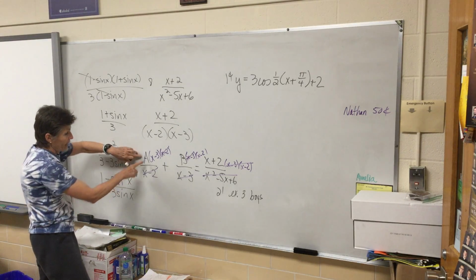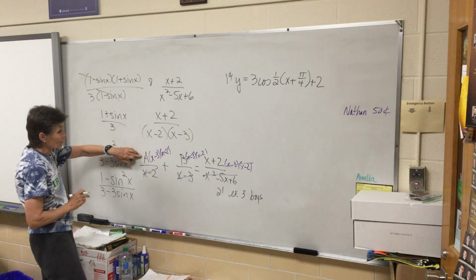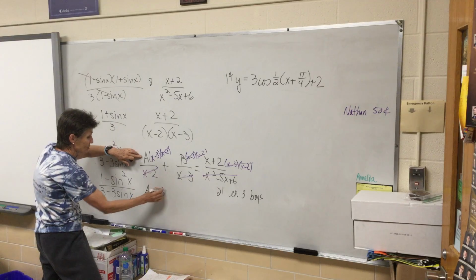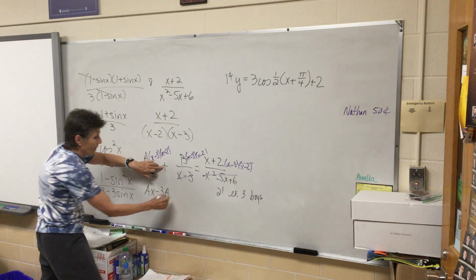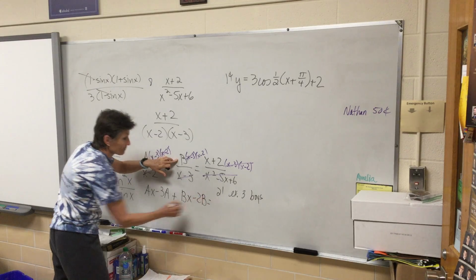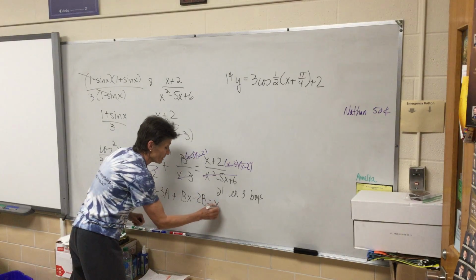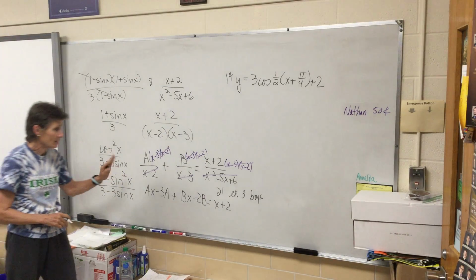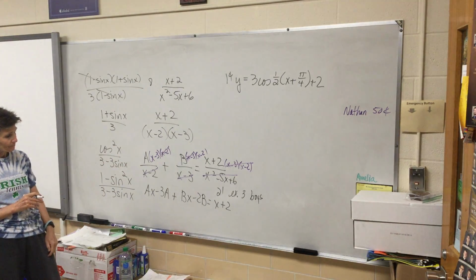Now, all the denominators are gone. All I have left is ax minus 3a plus bx minus 2b equal to x plus 2. All the denominators have disappeared and part of the numerators.